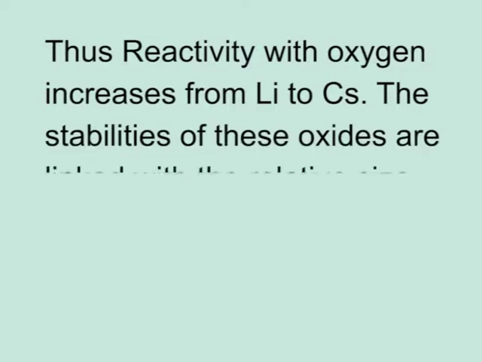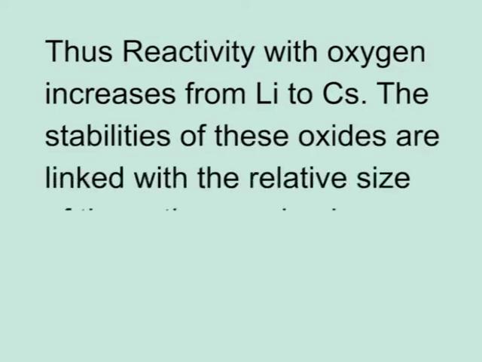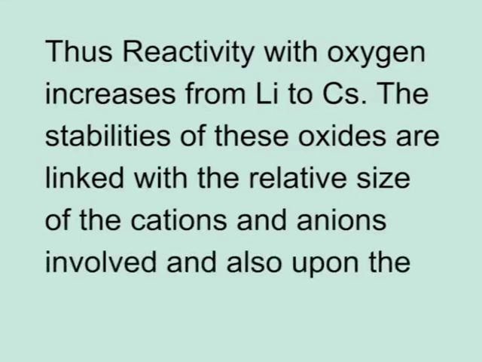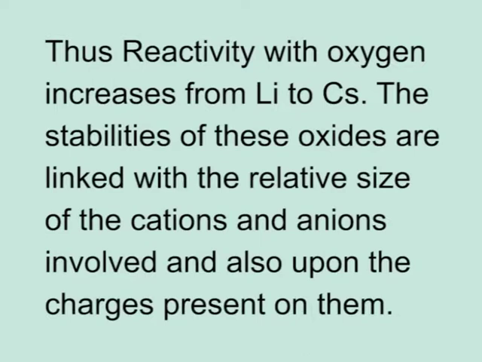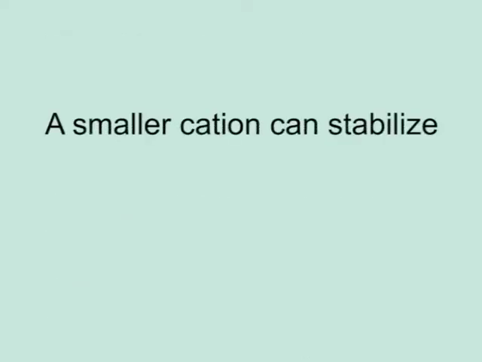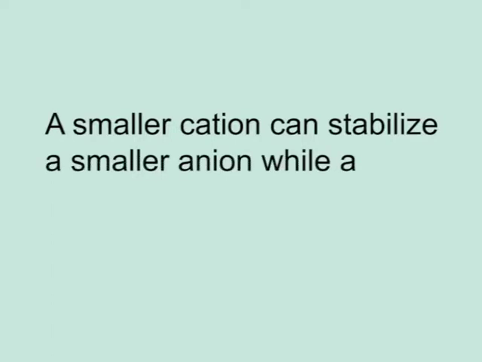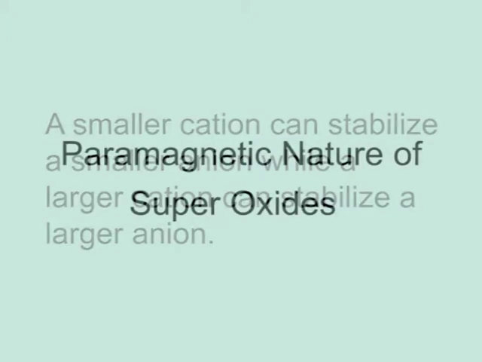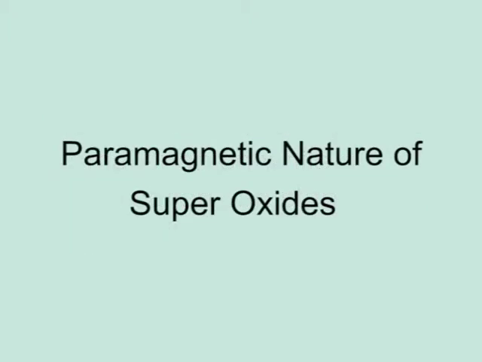The stabilities of these oxides are linked with the relative size of the cations and anions involved and also upon the charges present on them. A smaller cation can stabilize a smaller anion, while a larger cation can stabilize a larger anion. Paramagnetic nature of superoxides.